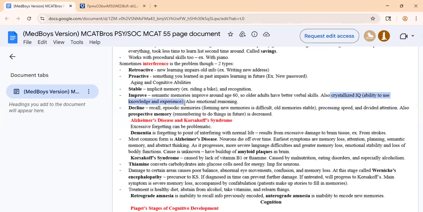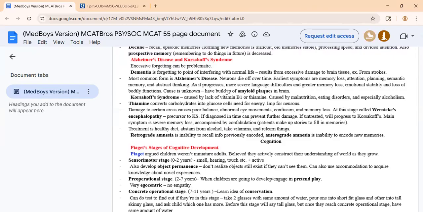Crystallized IQ is the type of memory that tends to improve with aging. Decline is just episodic memories tending to decline because you are forming lots of new memories. Forming new memories is difficult, but old memories are stable.